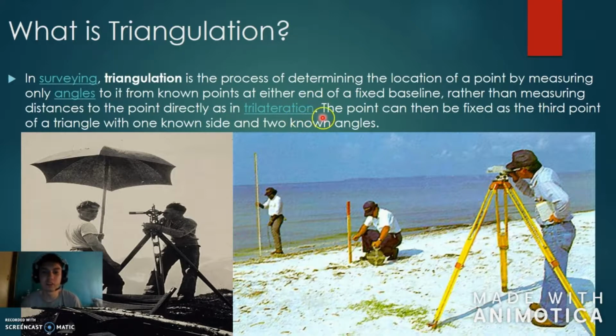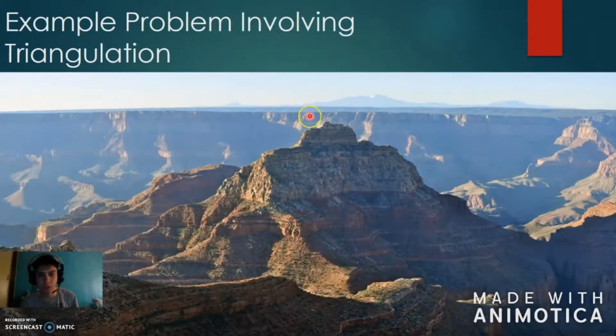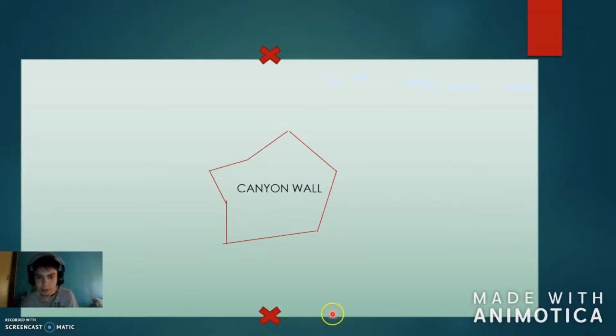So, triangulation is the process of determining the location of a point by measuring only angles, rather than measuring the distance to the point directly. So, in order to measure that distance, you need triangulation.